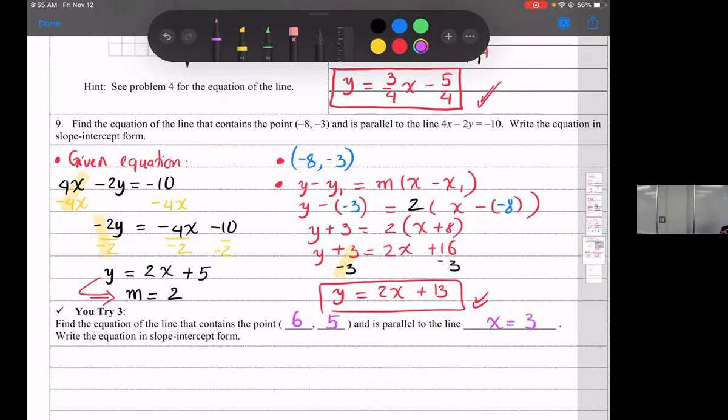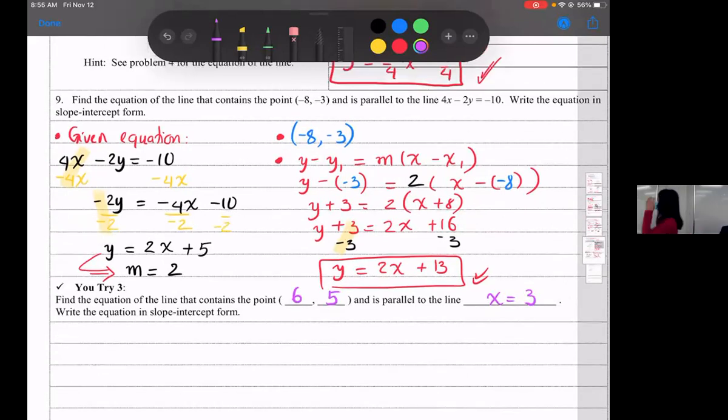See what happens. If you're smart enough, you don't have to do anything. Give the equation right away.